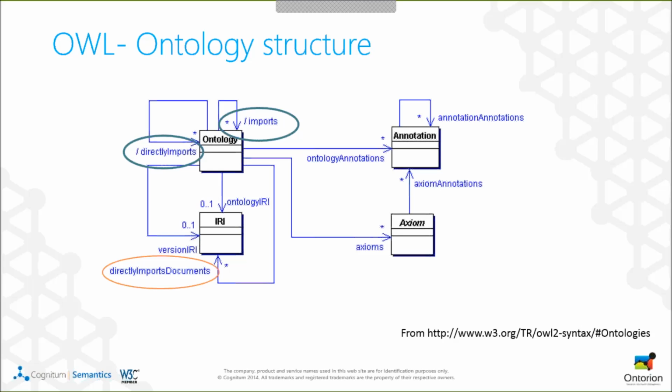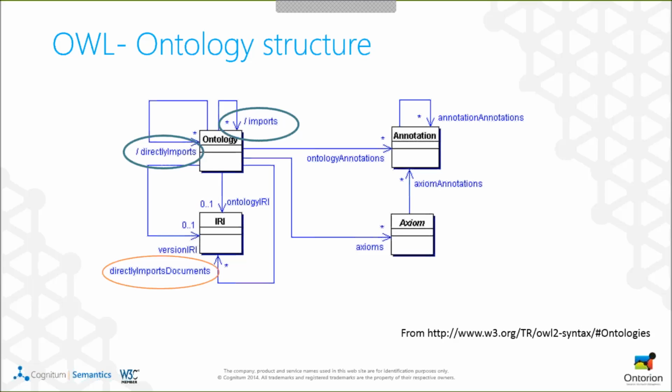Then in general, each ontology has an IRI and a version IRI, so it can have many versions. I don't know if you know, but you can think of an IRI as a URI, like the links that you see in your browser. They are not exactly the same, since IRIs are more than URIs, but the idea is the same. IRIs are generally used inside the semantic web and in ontologies to give a unique name to things.